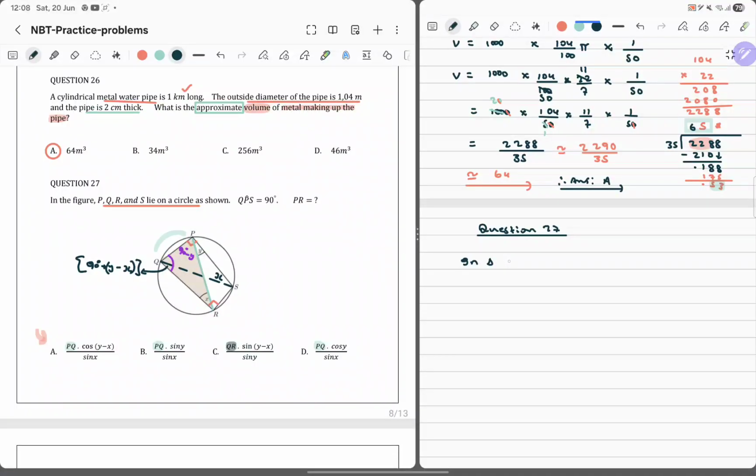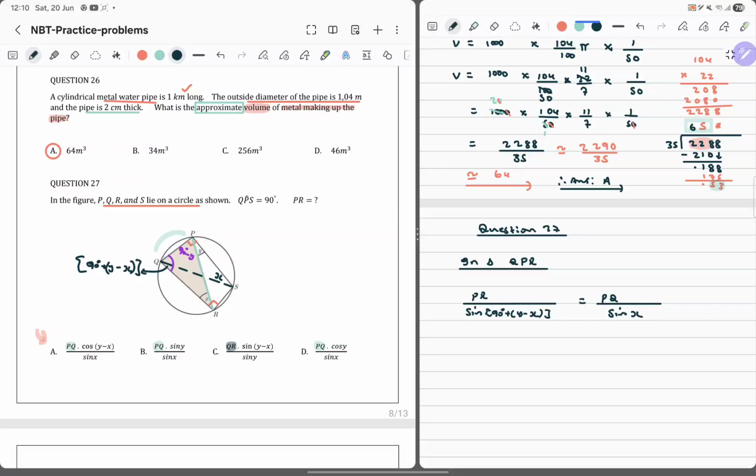So we know that in triangle QPR, we're interested in PR, so PR over the sine of the angle opposite, which is 90 degrees plus y minus x, is going to be equal to QP, or PQ as they put it here, over the sine of the angle opposite that, which is sine of x.